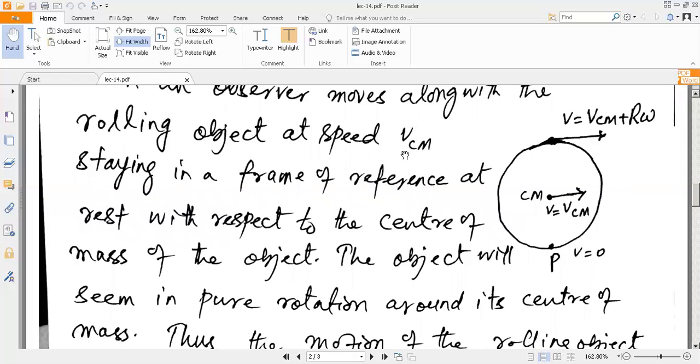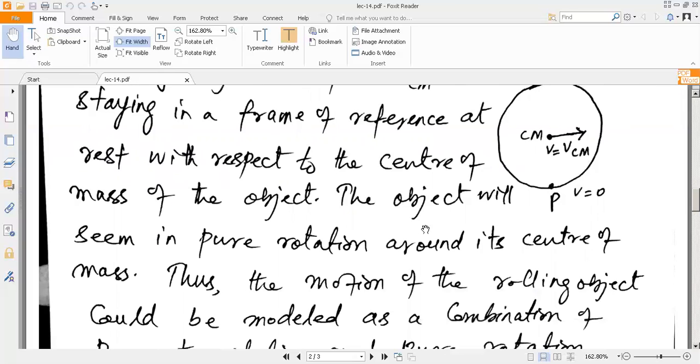the center of mass can be considered to be at rest with respect to the observer, and we say that the observer will only observe the rotation of the cylindrical object around its center of mass.